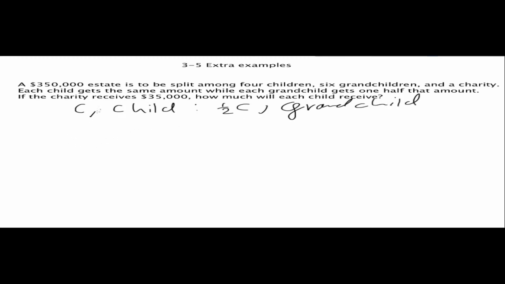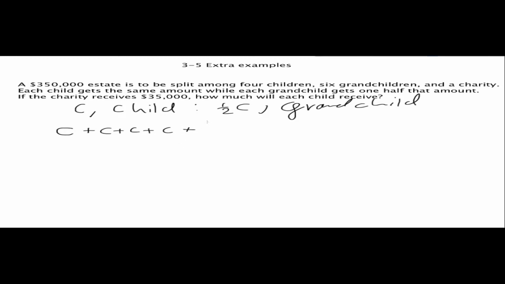Okay, so how many children are there? There are 4 children, so I've got c plus c plus c plus c. That's the children's amount. And there are 6 grandchildren.